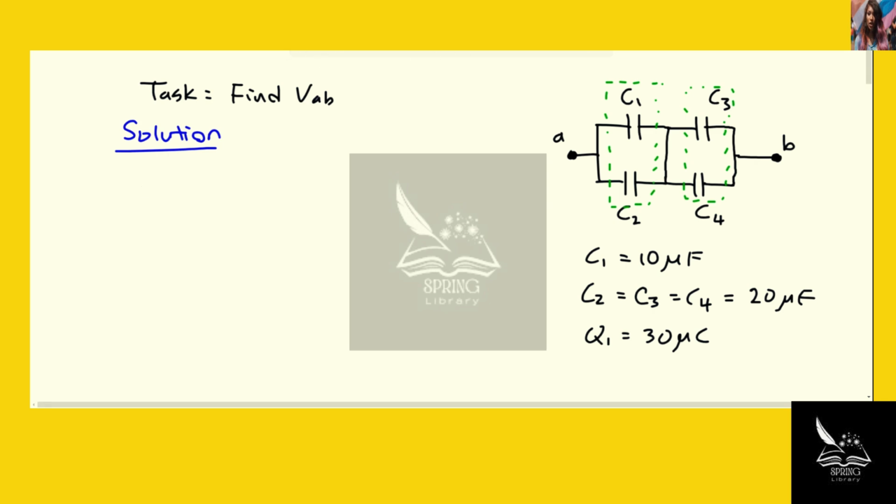And then one thing we need to note is that for capacitors in parallel, the equivalent capacitance is C1 plus C2. You just sum the capacitances.